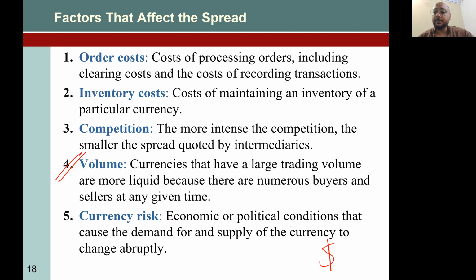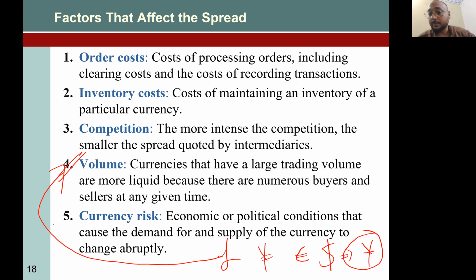So the big five currencies are dollar, euro, yen, and pound. And now the world is accepting the Chinese yuan as well, but it's still not among the big five currencies. Still we have the big four currencies, right? Why? Because the liquidity is so high. Liquidity means their volume of trade is so high. And what happens when volume of trade is high?